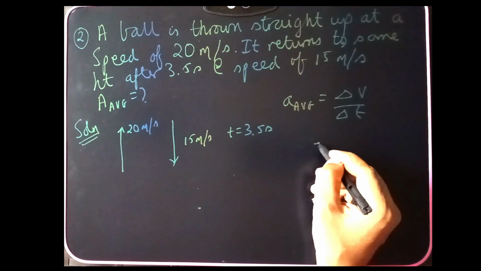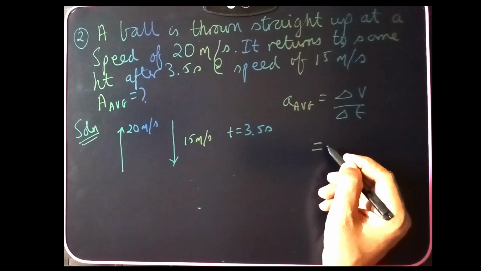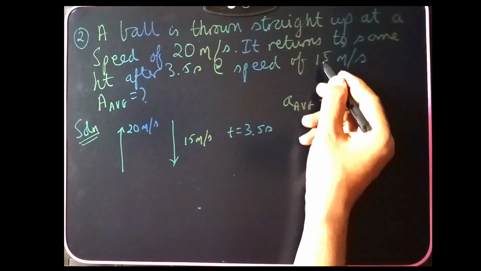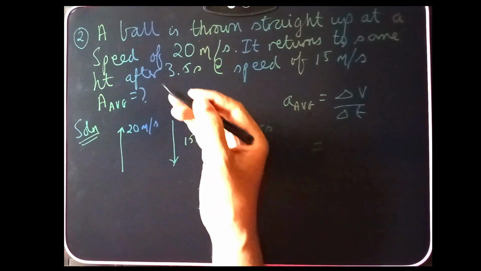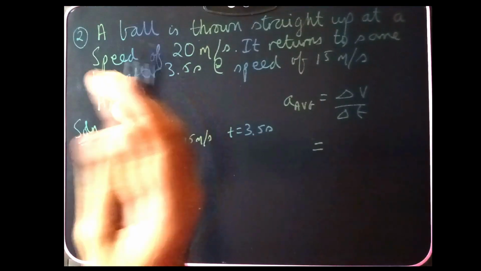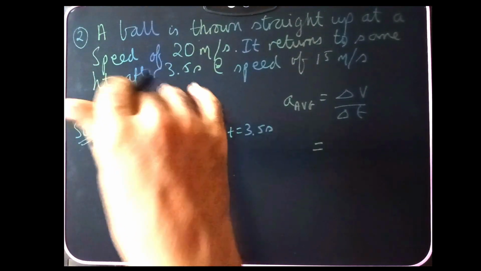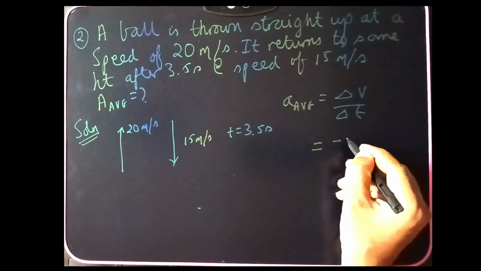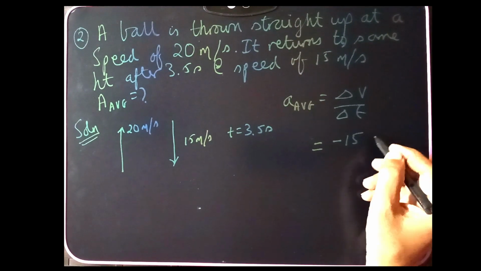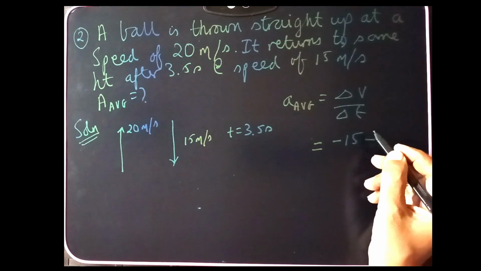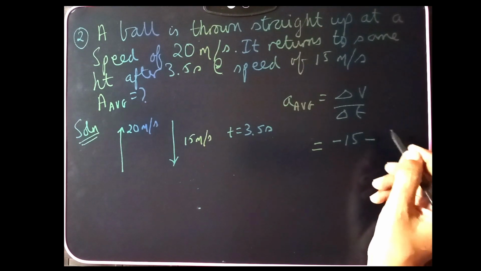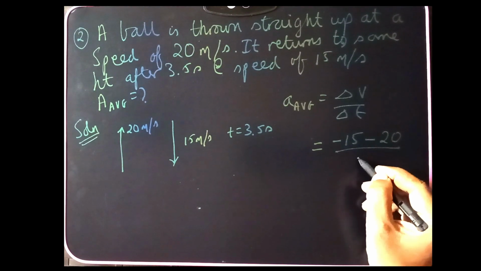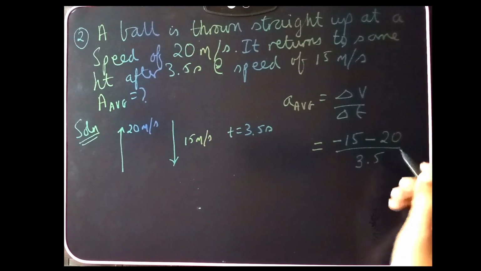What is the change in velocity? The final velocity is 15 and it is downward, right? When throwing something up, it has to come down, and when it comes down it takes the negative sign. So it is minus 15 minus the initial velocity of 20, divided by the change in time, which is 3.5 seconds.